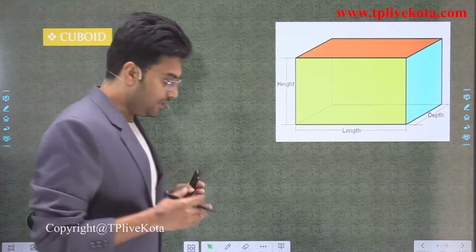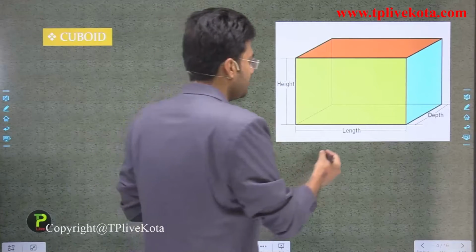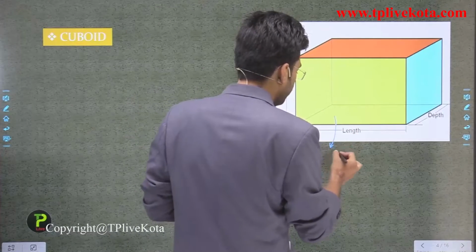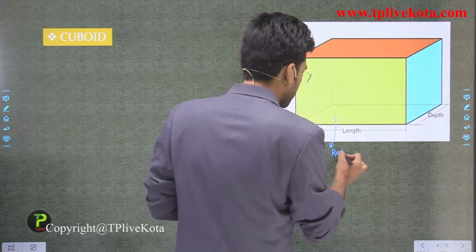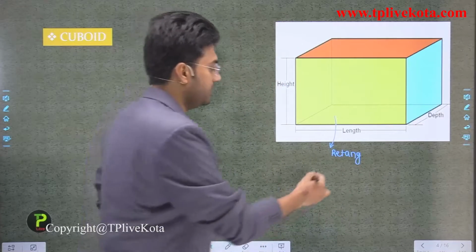So students, what is a cuboid? A cuboid is a solid in which we have 6 faces and all the faces are rectangles, or we can say that all the faces are rectangular.